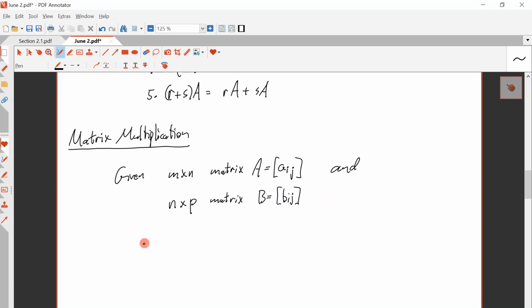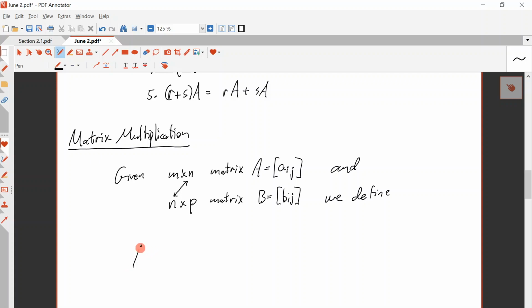Define A times B, and here the order in which you multiply matters. A is M by N, and B is N by P. So the Ns line up, the Ns follow each other.